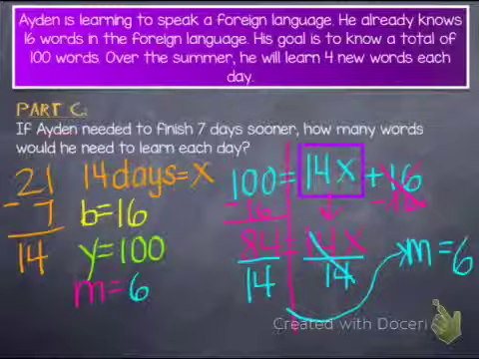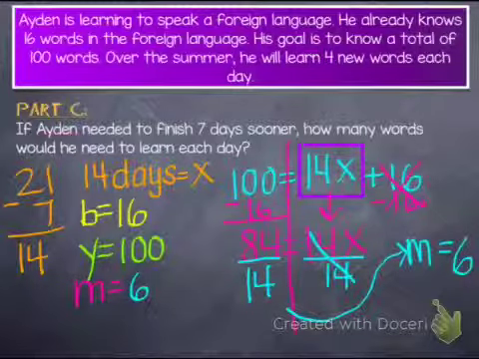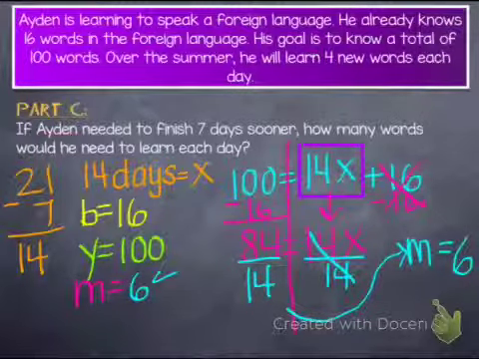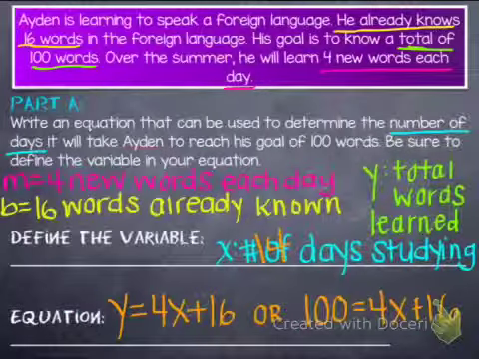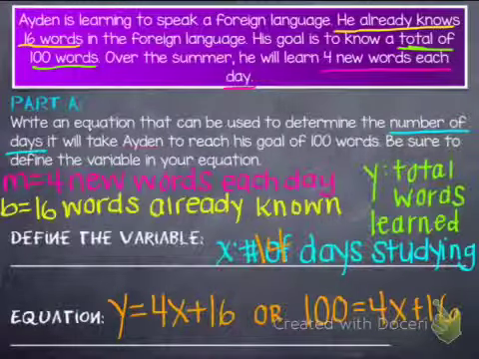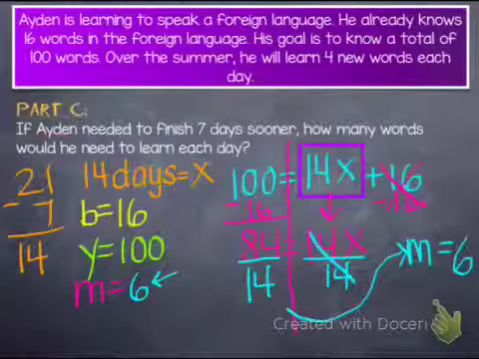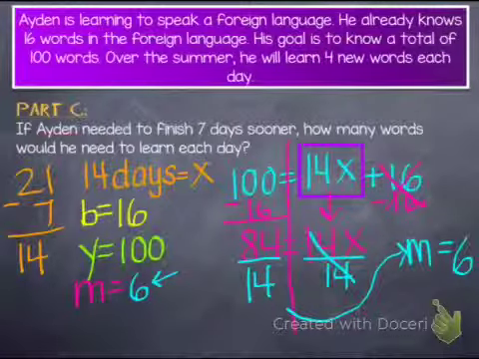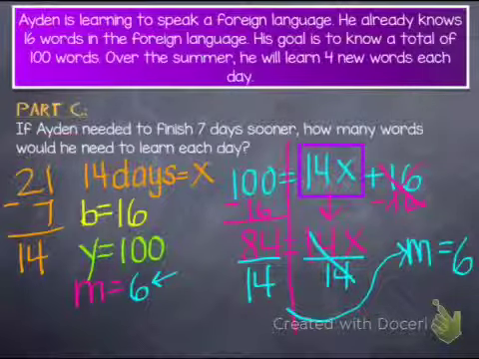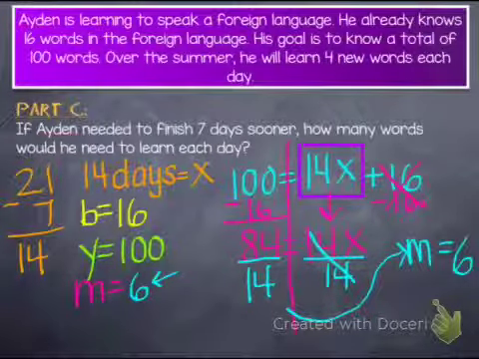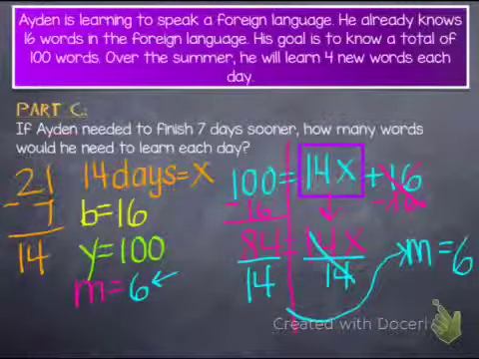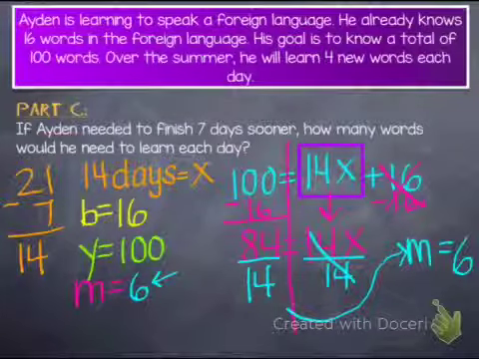Recall that originally that was supposed to be our m, so we solved for m to equal 6. And if you go back to what our m was originally worth, m was originally number of new words each day. So now instead of having to learn 4 new words each day, Aiden will need to learn 6 new words each day if he wants to complete it in a matter of 14 days rather than 21.